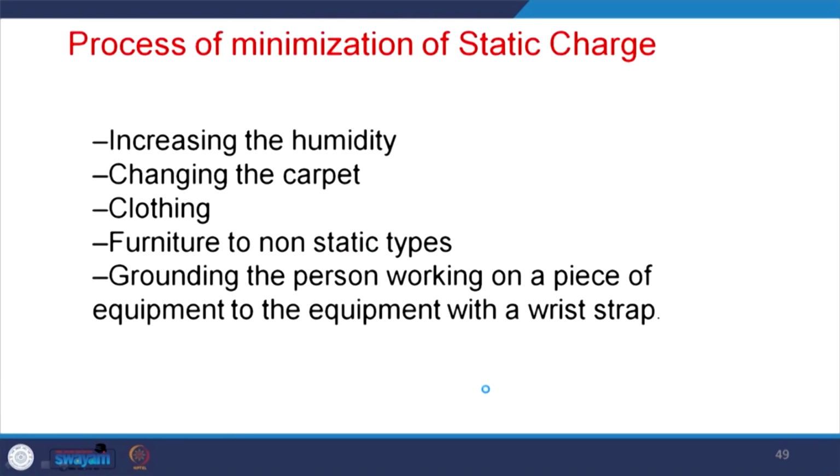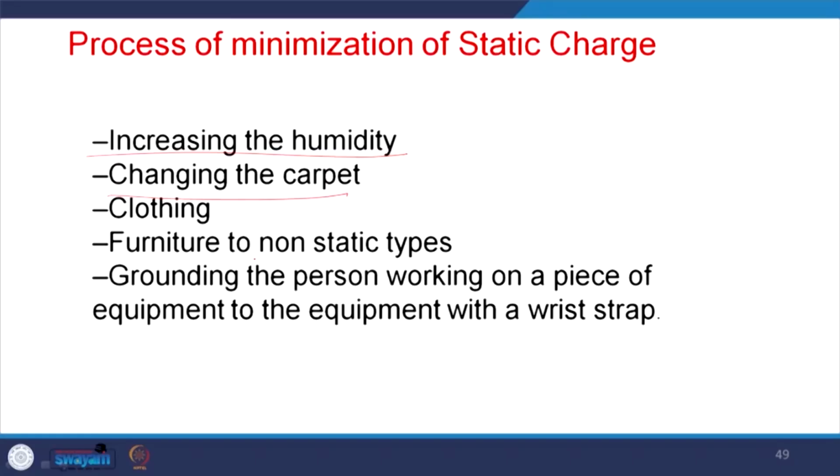For this reason, we require to reduce static electricity, sometimes by increasing the humidity, because then the insulation of the air decreases, and by changing the carpet and clothing. Also, instead of silk you are required to wear cotton clothing.